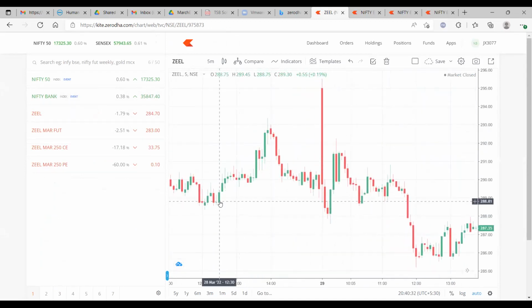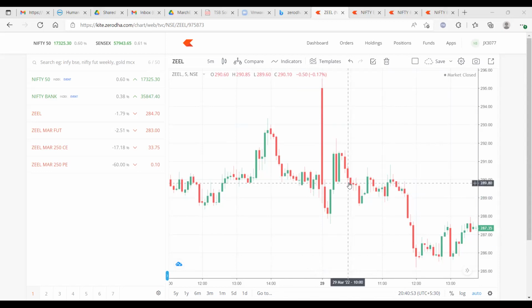There is an indication from here to here that it is going to go up. Now, the x-axis of the chart represents the time and the date. The y-axis of the chart represents the price. So at this point, the 29th, which is today, at 10 o'clock, that is where the price was trading, and that is the indication we get out of this chart.